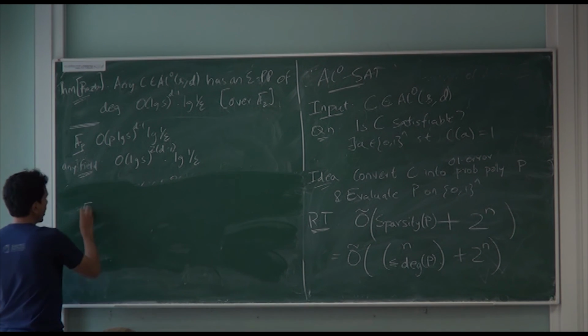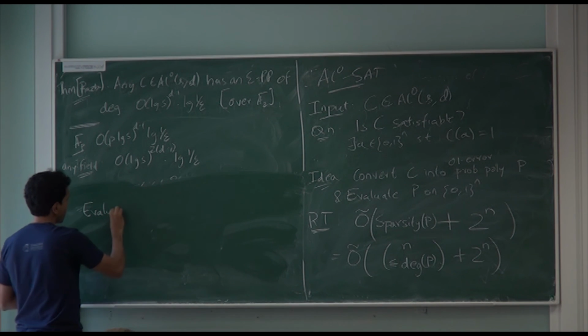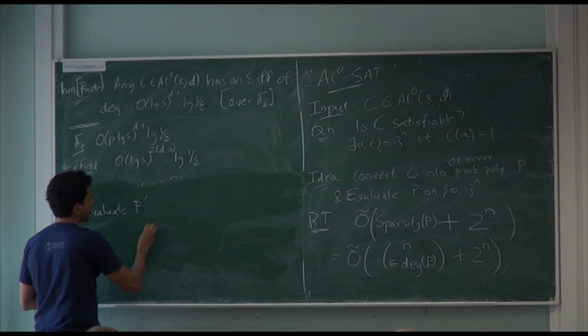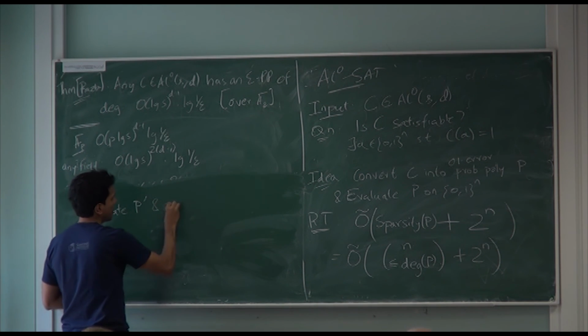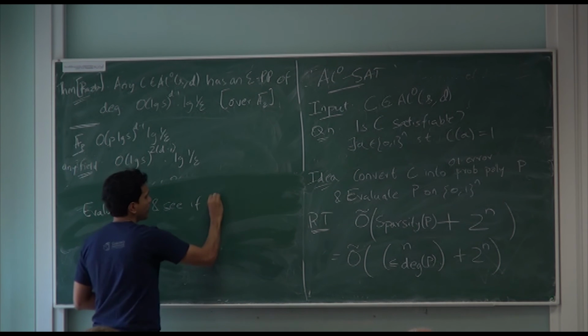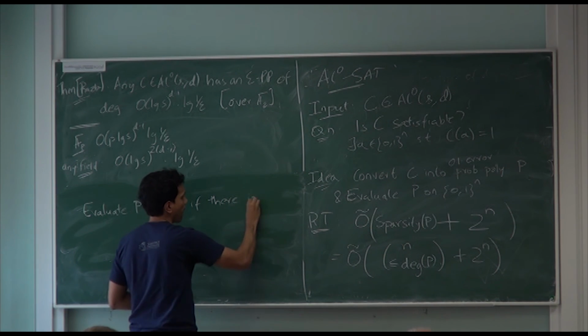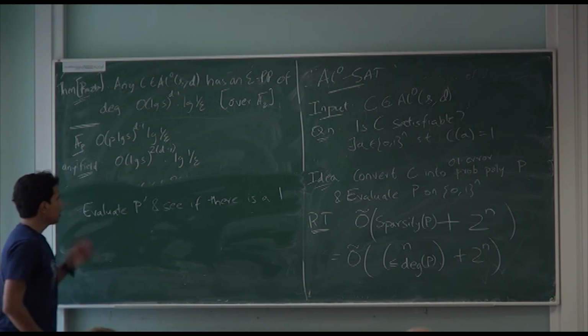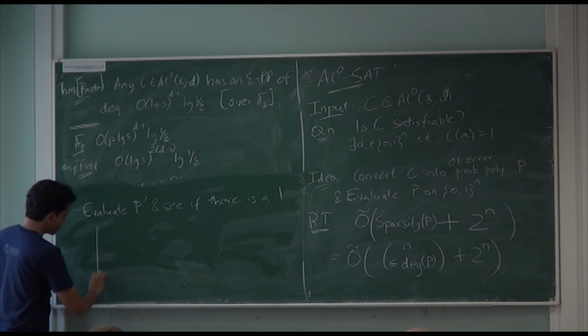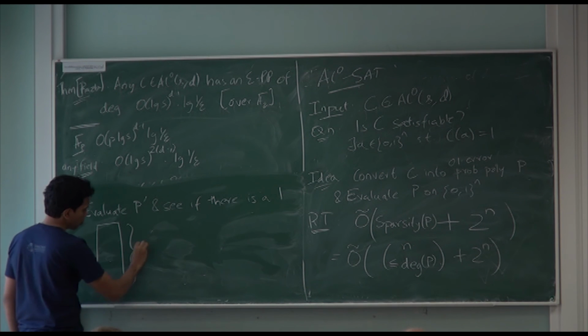So we evaluate P prime and see if there is a 1, right? But note the following. So evaluating P prime gives us this huge truth table. This has size 2 to the n minus r.